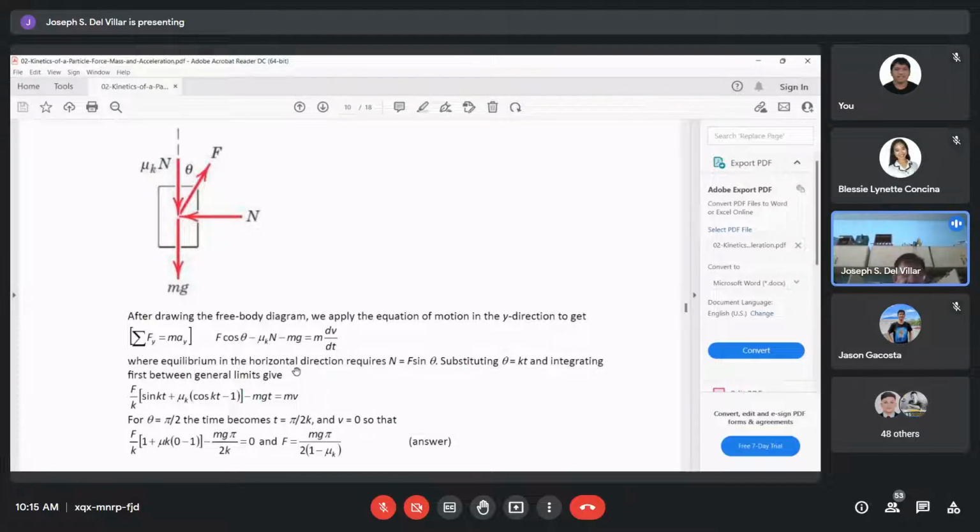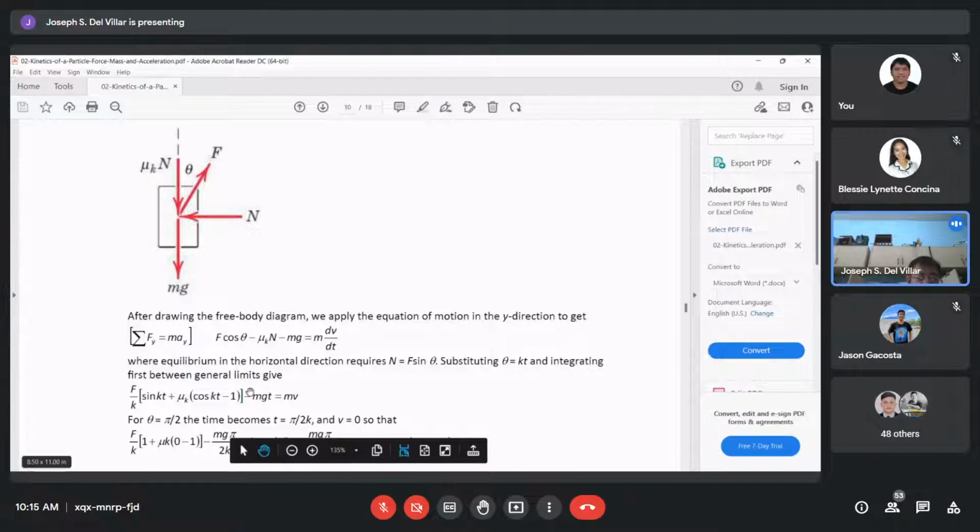Okay? So, minus mg dt. So, mg is constant, but dt is not. So, integral ni dt is t, kaya minus mg times t. Equal to mv, kasi integral ni m dv is mv.